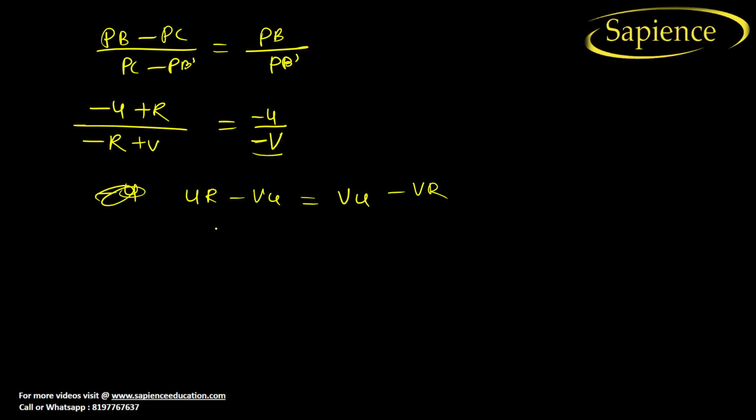So from here we can rearrange UR plus VR is equal to 2UV.